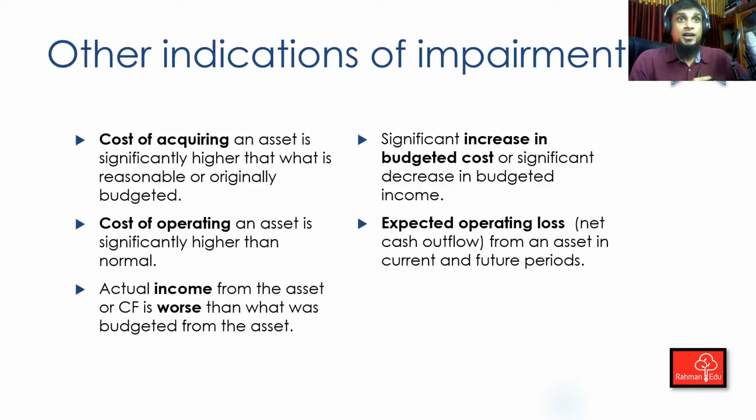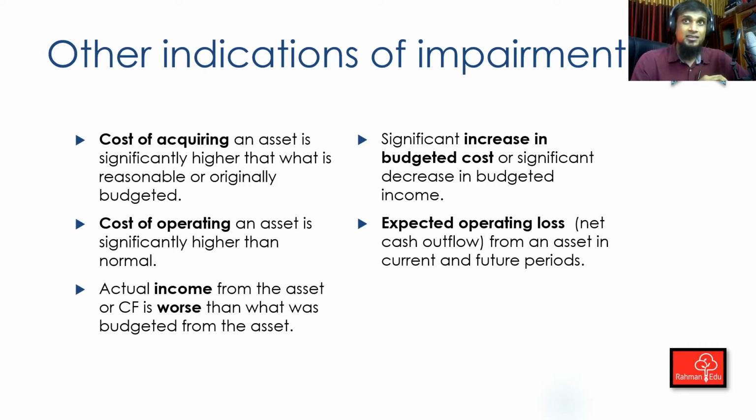Other indications, guys: cost of acquiring an asset is significantly higher than what you had planned initially. You want to buy an asset, a machine, and your budgeted cost was $20 million, but actual cost became $50 million. Then you need to think, did I pay an overprice? Is it the real value? Is it the normal value, like $50 million?